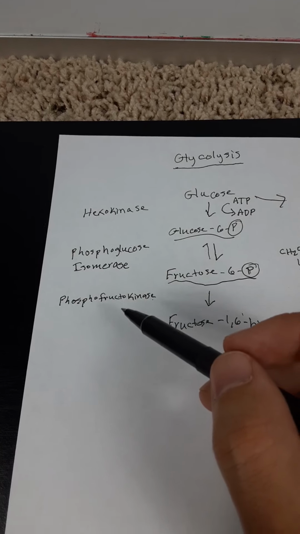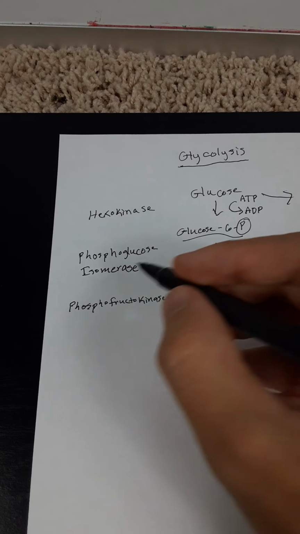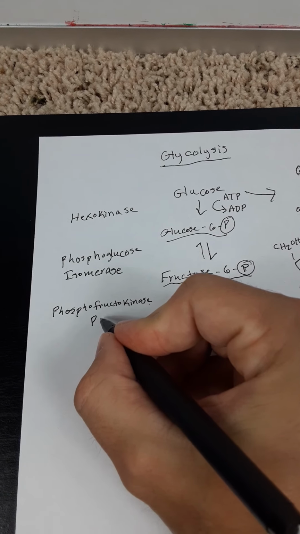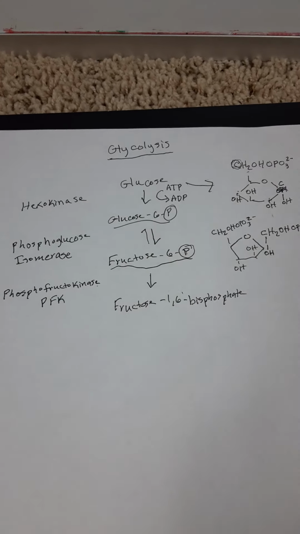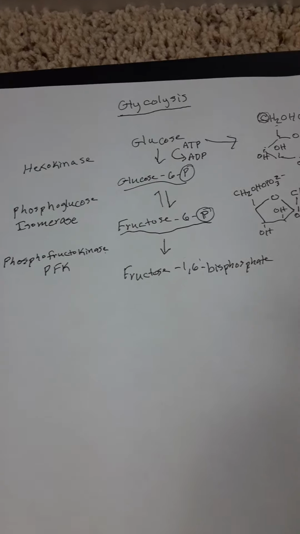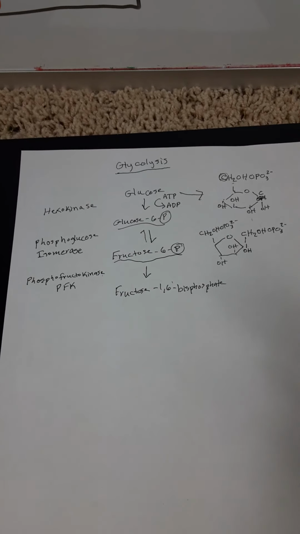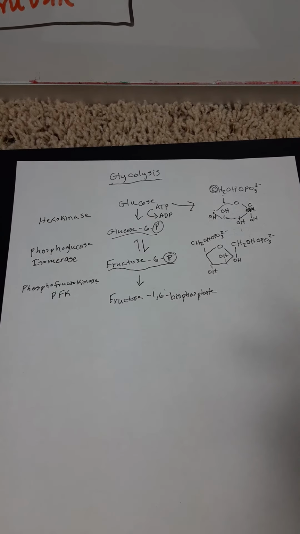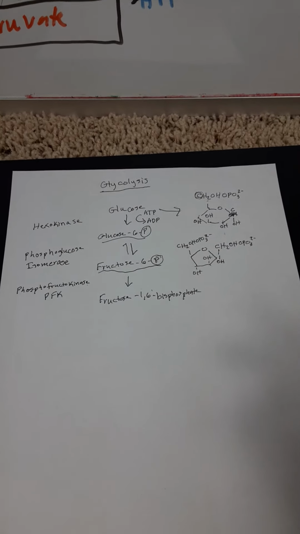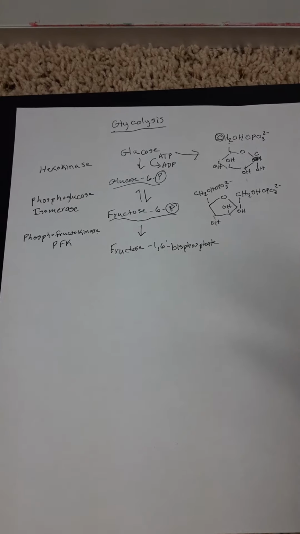Since it's a big word, we'll usually just abbreviate it as PFK for phosphofructokinase. Now, this encompasses what we call the first stage of glycolysis, the preparatory period, or what we would also call the phosphorylation period.